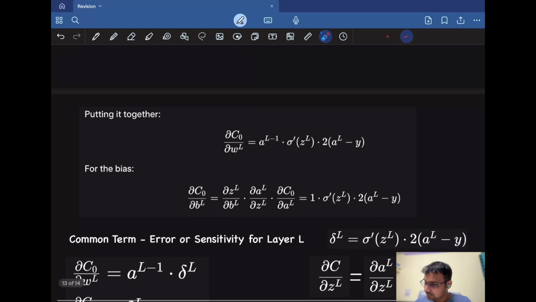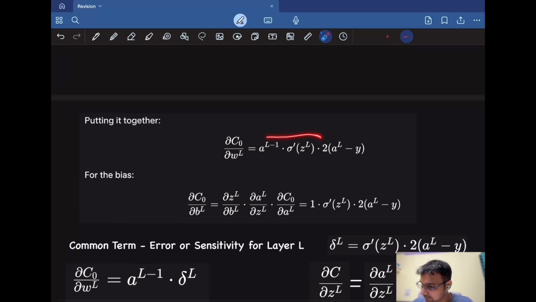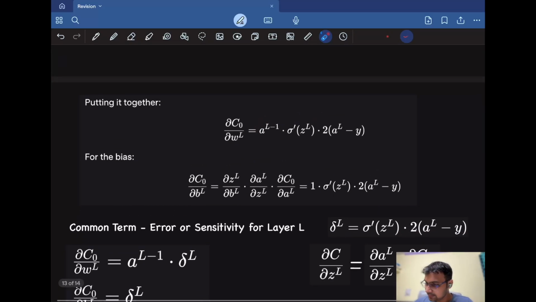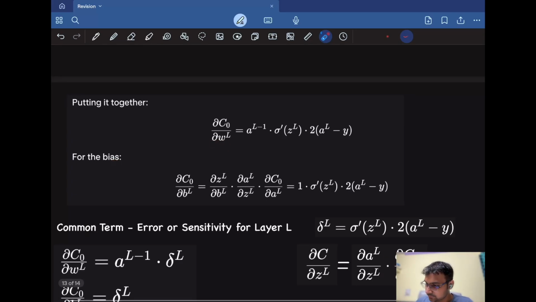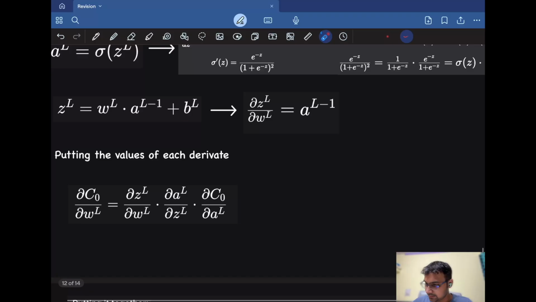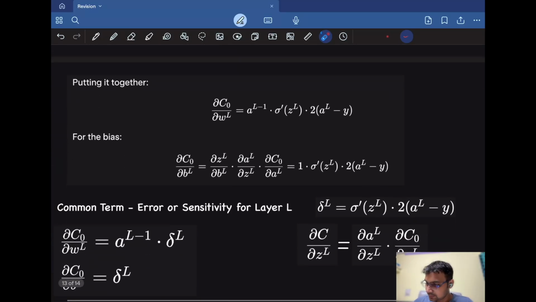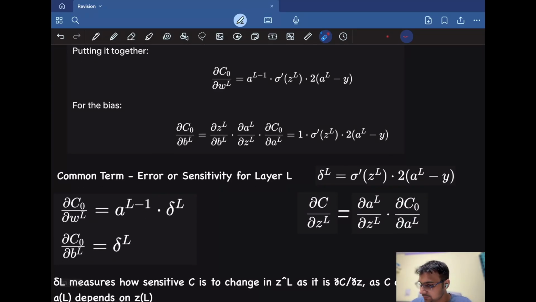Then we have this complete term, and similarly this is the gradient we get. With respect to bias, we get this value because the derivative of z with respect to b is 1. So this term is common in both.